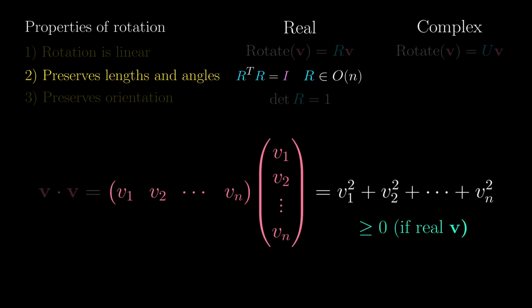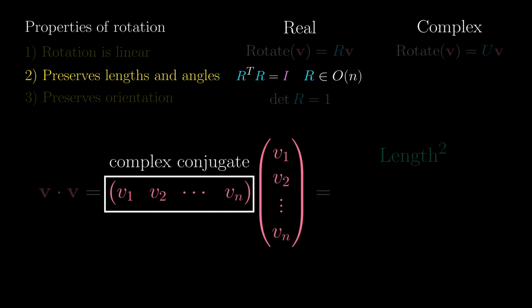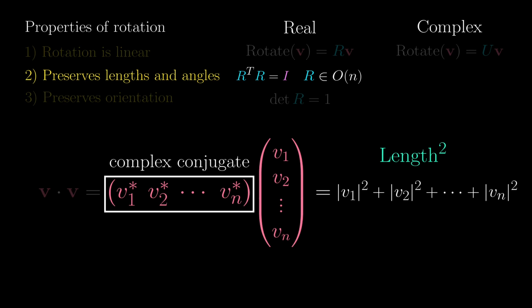This is why we can think of this as the square of the length of the vector, with the length being real. If we want to keep this interpretation of length in complex vectors, we can actually just modify one thing. Take the complex conjugate of the first vector, because when we do the multiplication, we get the sum of modulus squared, and the positivity property is restored for complex vectors.